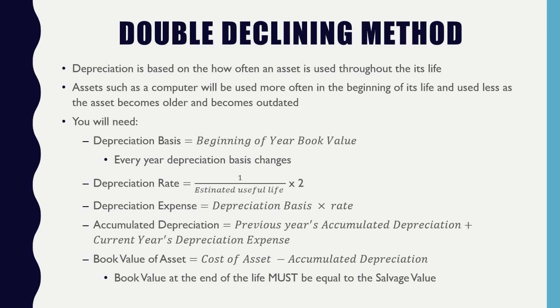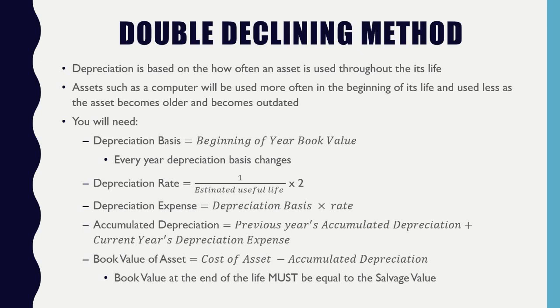That's the idea here: when we buy things like machinery or technology, the reason we depreciate it twice as much is because we usually use it more often in the beginning of its life than towards the end. So the reason we say double declining is because we're depreciating it twice as much through its entire life.